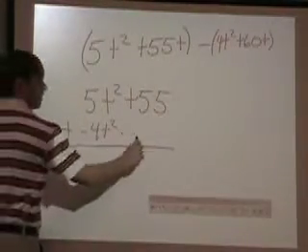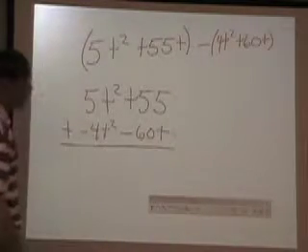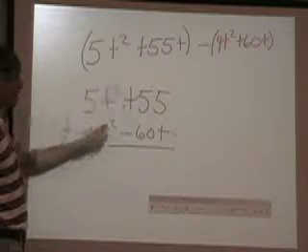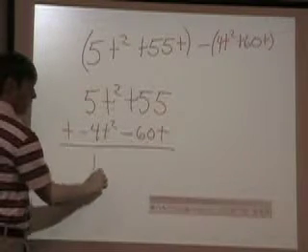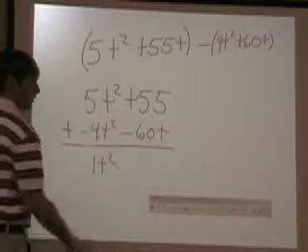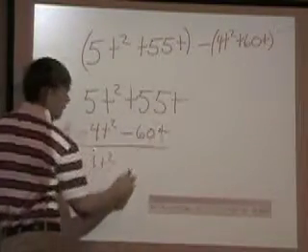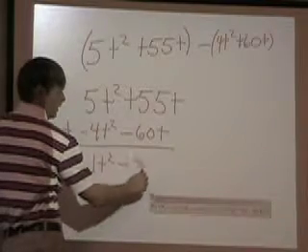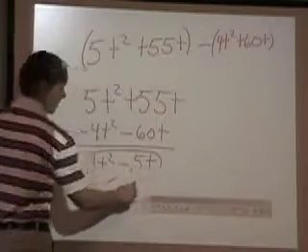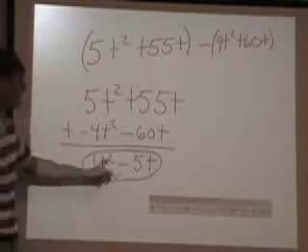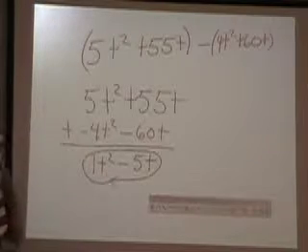Minus 60t. Now you just do what it says. 5t squared minus 4t squared is 1t squared. 55t minus 60t is negative 5t. So you just subtracted the two binomials and you get 1t squared minus 5t.